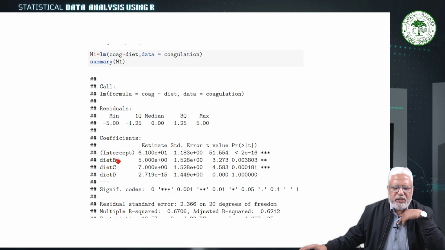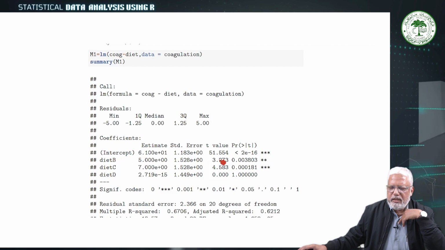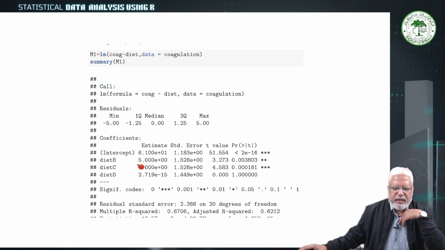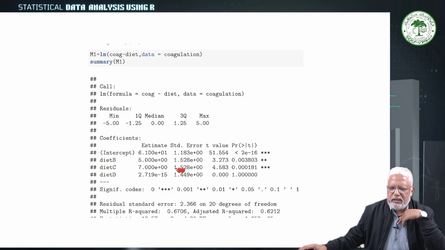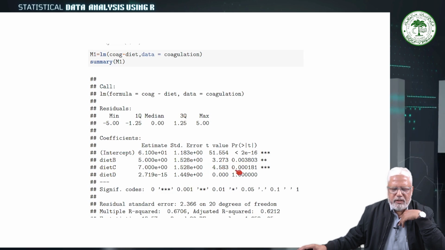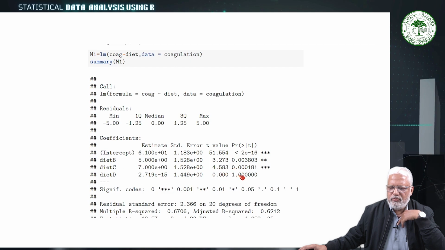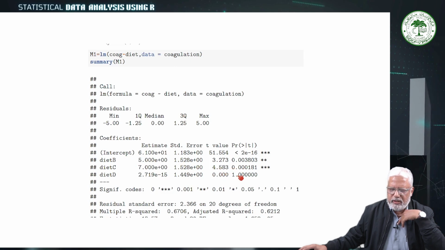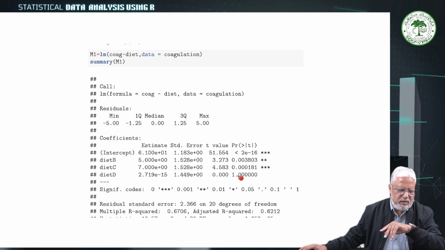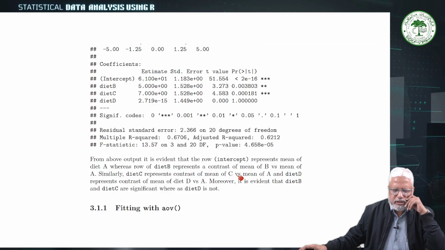So diet B versus diet A is significant. Diet C versus diet A is again significant. But diet D versus diet A, both are having 61, 61, so here it is not significant. So this is the interpretation.